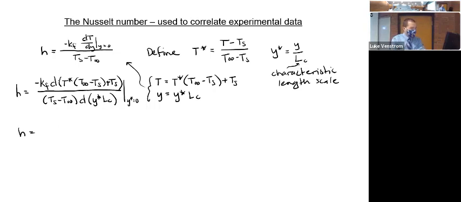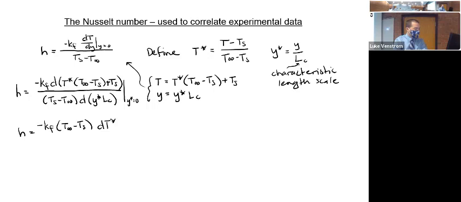Now if we take the derivative and apply what we know from calculus, it's the derivative of the first term plus the derivative of the second term. The derivative of the second term is the derivative of a constant, because the surface temperature is just one number in the problem, so that goes away. What's left is the derivative of the first term, and T infinity minus Ts is a constant that can be pulled out of the derivative. So in the numerator I have minus k_f times T infinity minus Ts times dT star.